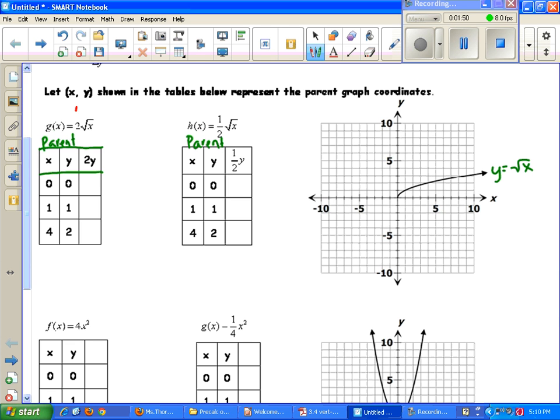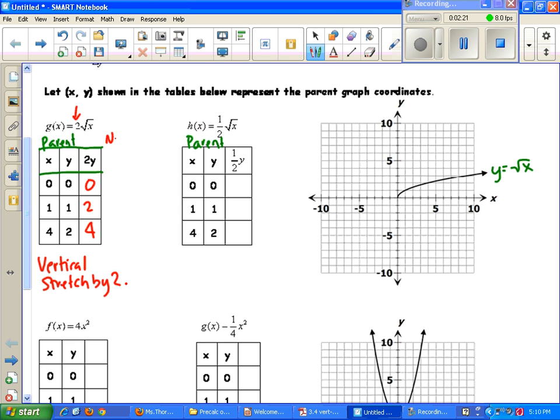Since this 2 is above 1, we know that this is going to be a vertical stretch by a factor of, in this case, 2, because that's the number on the outside. So we take our y values and multiply them by 2. 2 times 0 is 0, 2 times 1 is 2, and 2 times 2 gives me 4. So now we have our new coordinates for our graph.